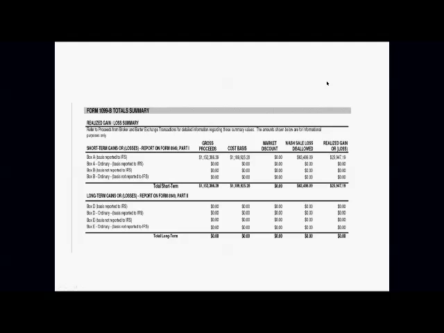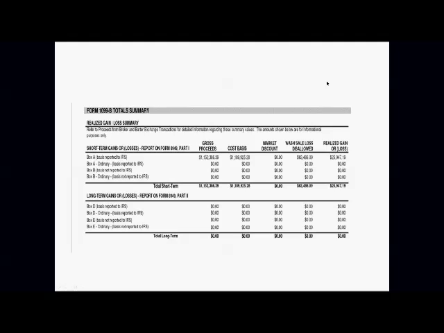Most of the time I've probably turned around and sold that stock anyway, so it doesn't really matter, and I just increase the basis on that. But you've got to be careful of a loss on any stock in the last 60 days of the year where you've got a wash sale situation.